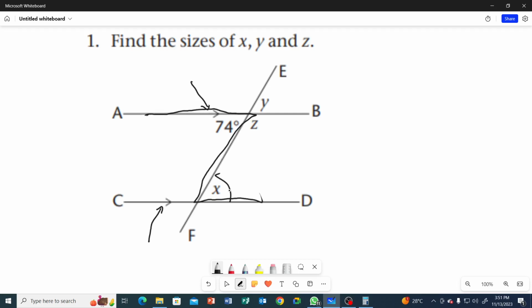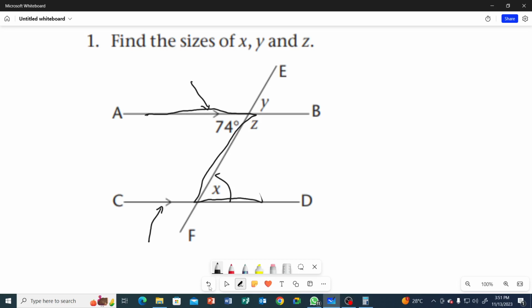This angle here and this angle there, they are equal and they call them alternating angles. So now that will give us the value of X.